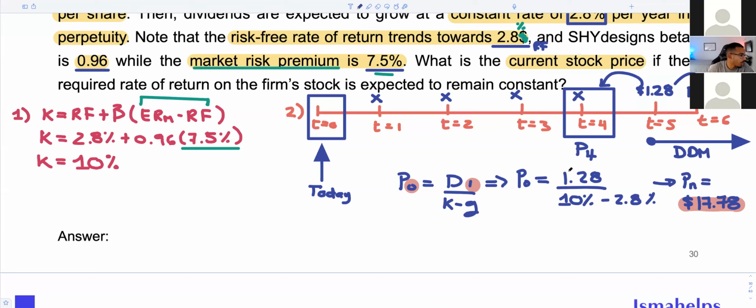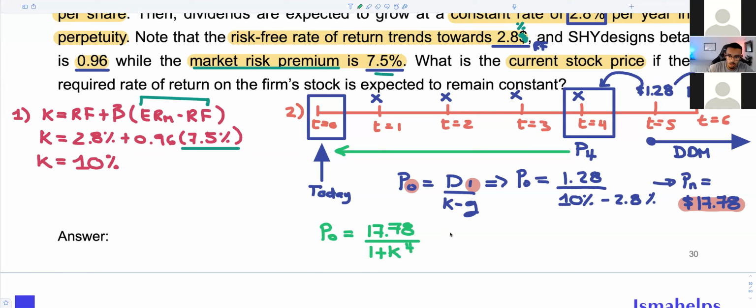Now, obviously, that's not our present value today because we have to discount this all the way back. And I'm sorry that it looks kind of crowded at this point, but we need to discount it all the way back to T0. Okay, so we have to discount this for 4 periods, such that P0 would be equal to 17.78 over 1 plus K to the power of 4.